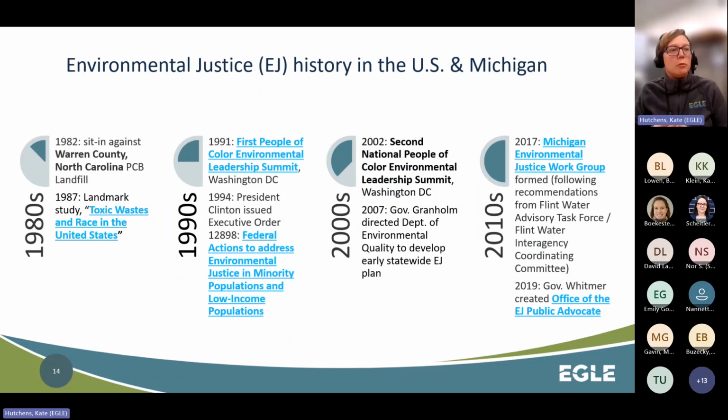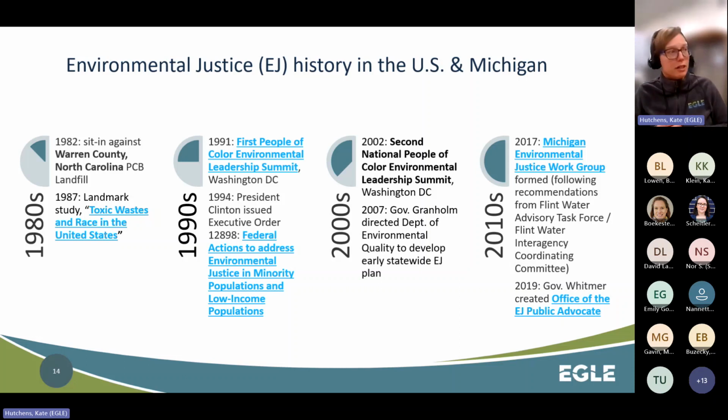I also want to give a little bit of context around the history and background of the environmental justice movement in the United States and here in Michigan, honing in on how we got to this point where we have this MiEJScreen that we're using for all sorts of different purposes. The credit for the birth of the EJ movement is often given to actions taken in Warren County, North Carolina regarding a PCB landfill.